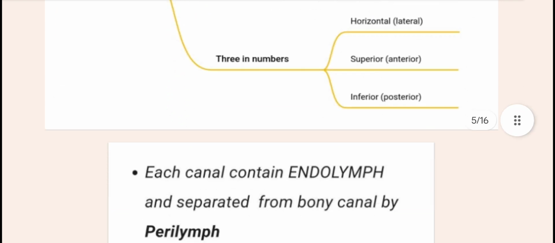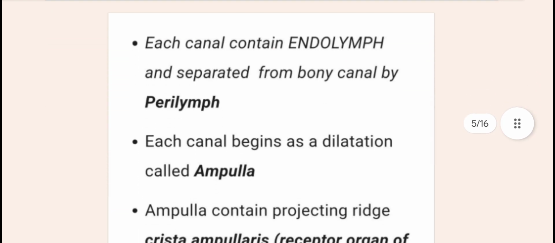Then next, each semicircular canal contains endolymph. Endolymph has a composition similar to plasma, but there is some difference, so we don't call it plasma but call it endolymph, and it is separated from the bony canal by the perilymph. Remember this point.